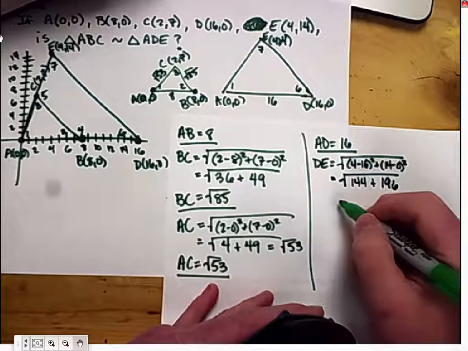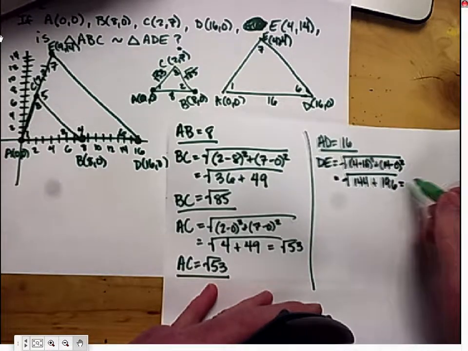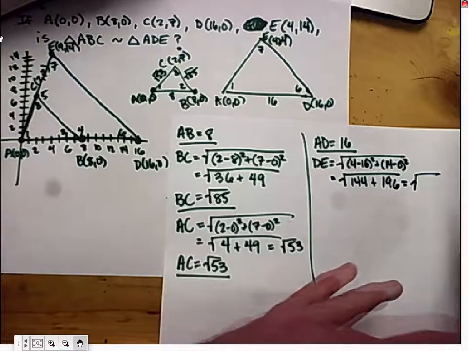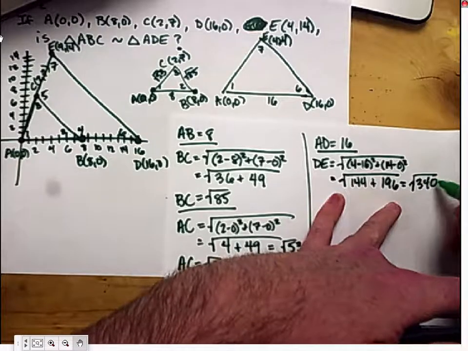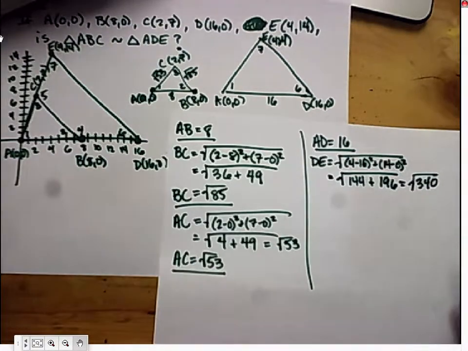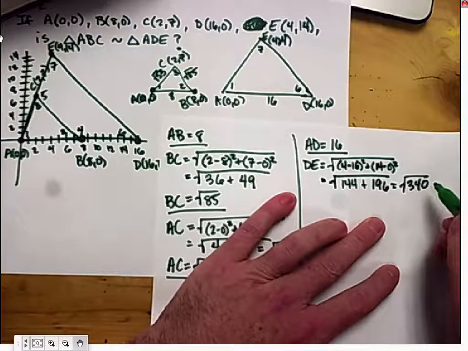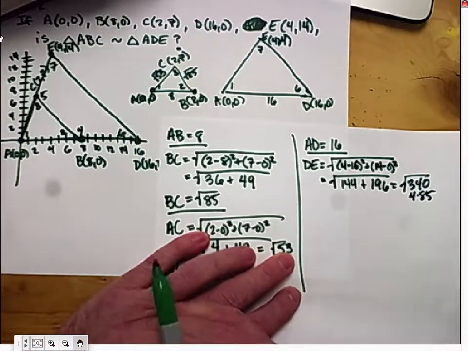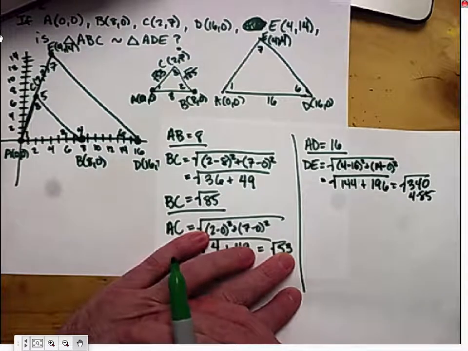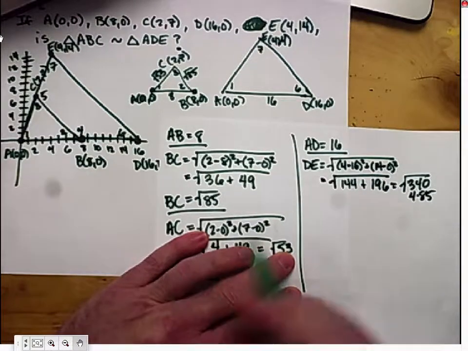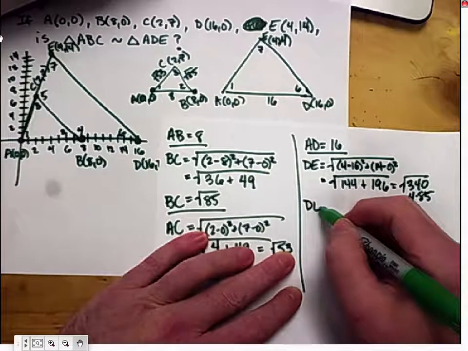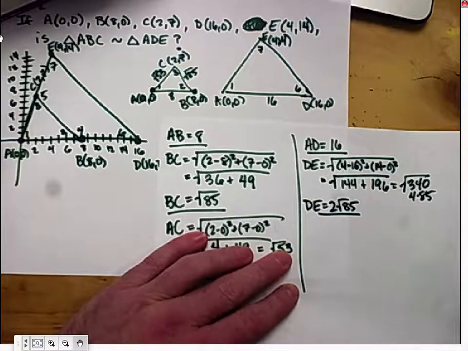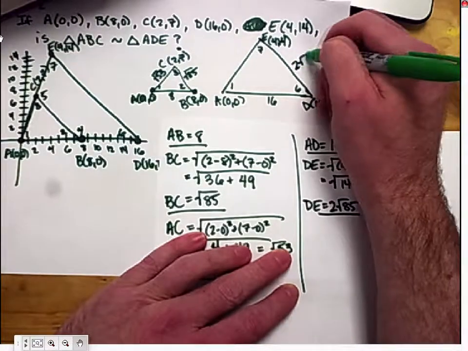So that is the square root of 340. Well, 340 happens to be 4 times 85. So what's the square root of 4? 2. So this DE is equal to 2 square root 85.